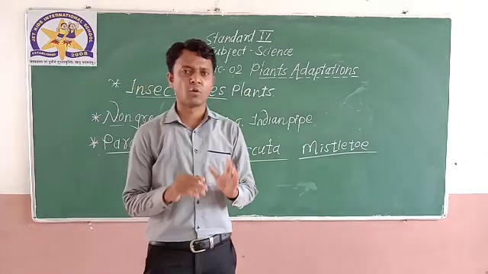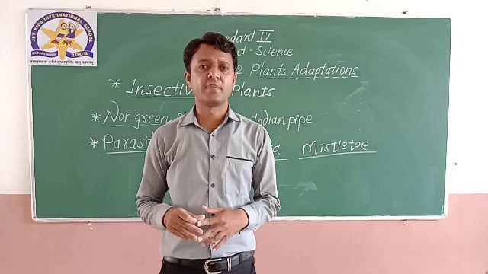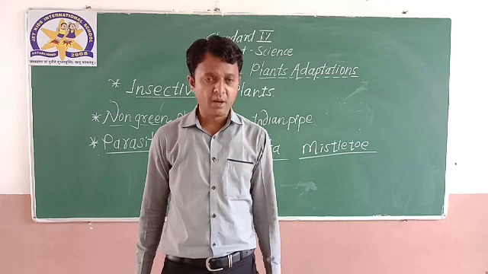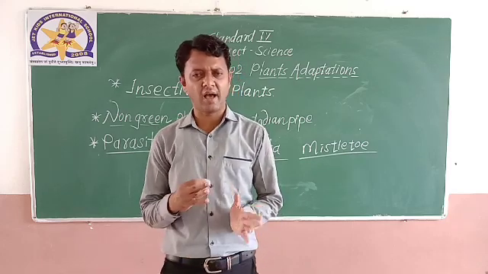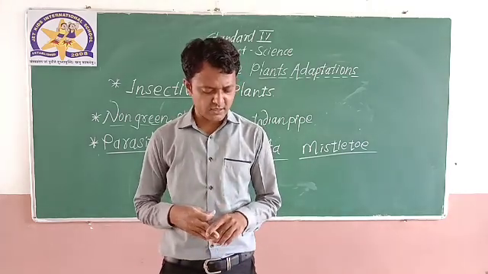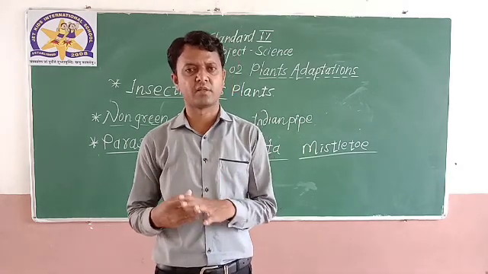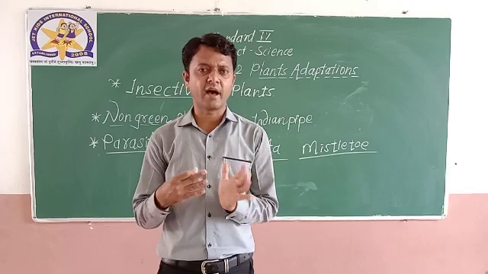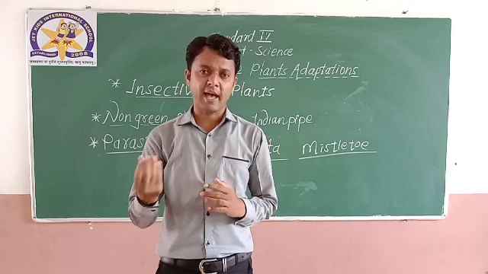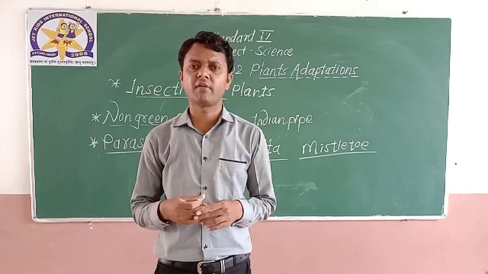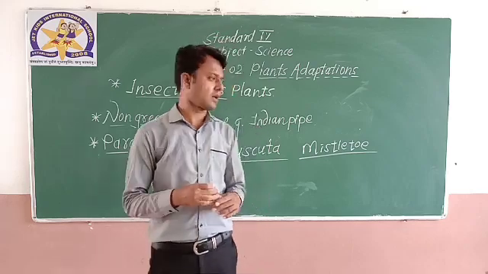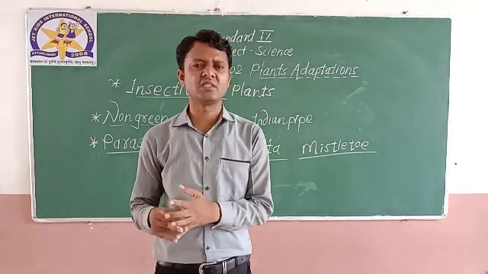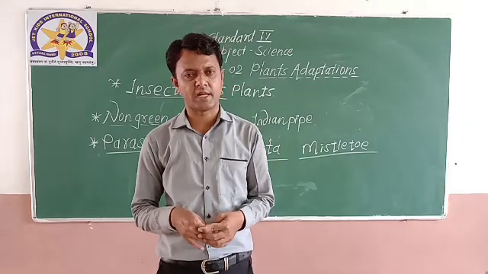These plants grow on other plants and they are completely dependent on other plants for their nutrition as well. Such plants are called parasitic plants, and they are very harmful for other plants as they absorb the nutrition and food they require from other plants. Cuscuta and mistletoe are the two plants which are called parasitic plants.